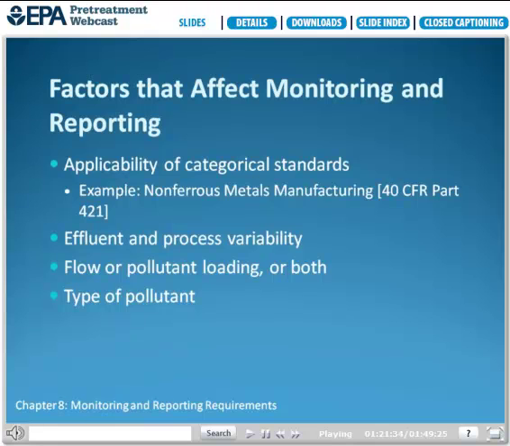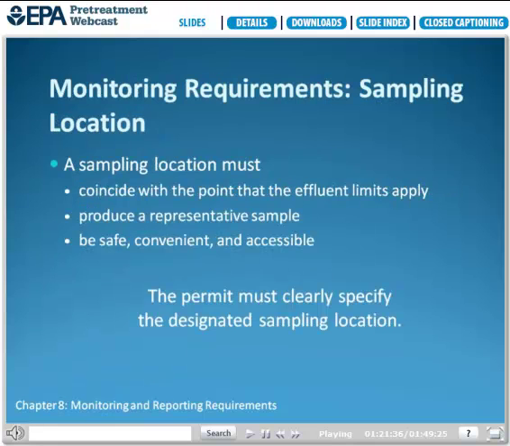A sampling location must coincide with the point at which the effluent limits apply, produce a representative sample, and must be safe, convenient, and accessible for the control authority to get in and conduct their samples.